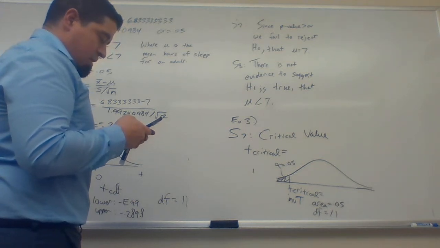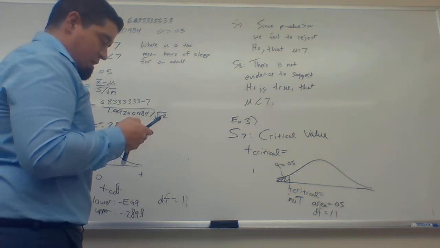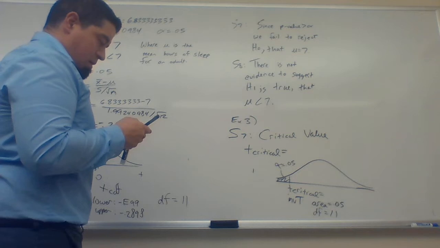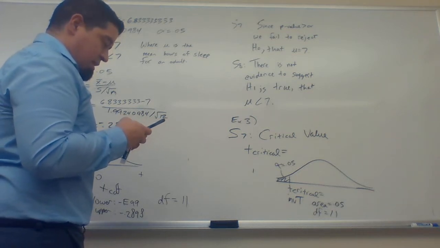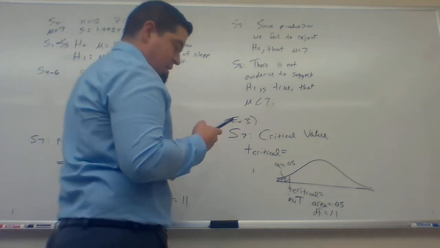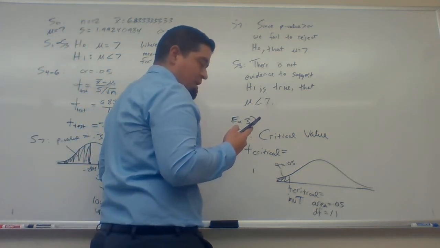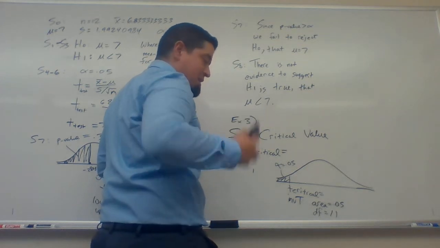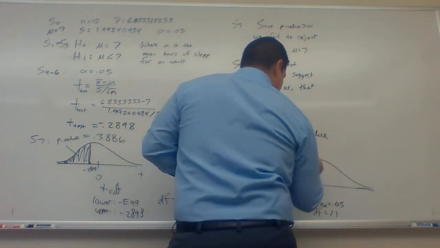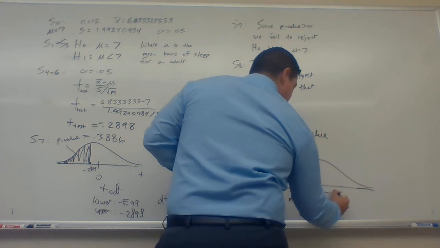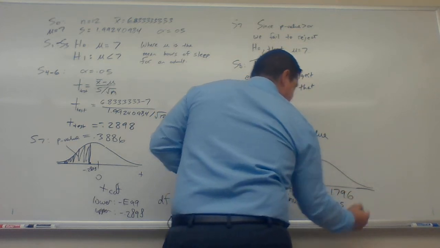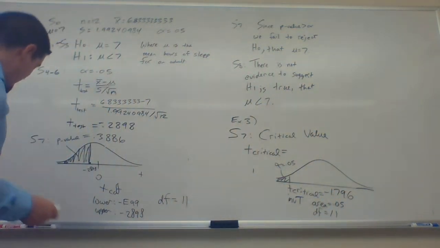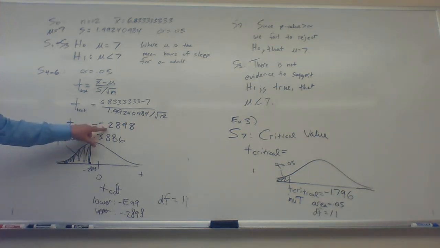So that is what I'm doing. Inverse t, 0.05, degrees of freedom 11. I get negative 1.796. That's my t critical. So now we already calculated the t-test.